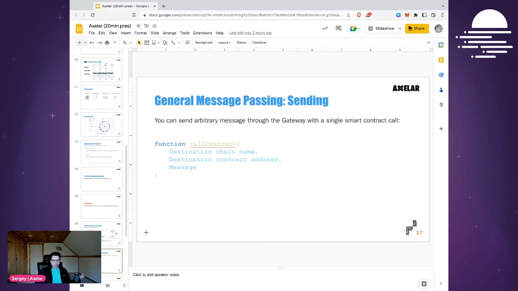This is how, on a very high level, a cross-chain contract call looks. You specify a destination chain, you specify a destination contract that you want to talk to, and you specify the message, right? And the message could be anything from a token transfer, NFT transfer, cross-chain price feed, Oracle call, whatever else you want.